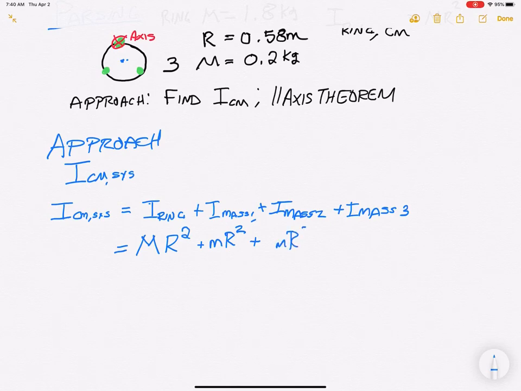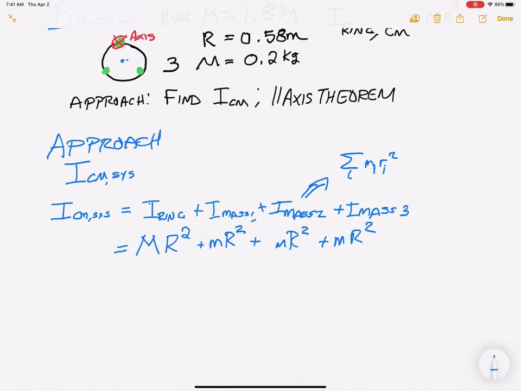Let me get this written out, and that's because I is just defined as the sum of all the masses r squared, so as long as you know the axis, which was the center of mass of the ring, we can just add these 3 additional masses to it.